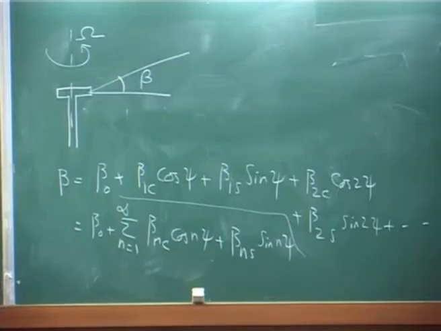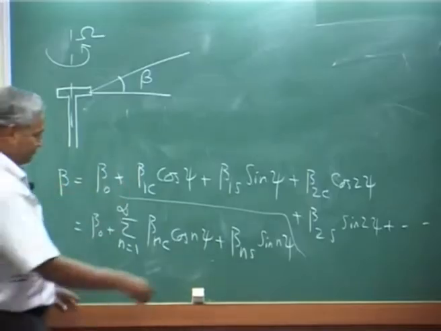High speed means I am talking about 0.3 non-dimensional mu, about 0.3, then you will find the second harmonic content is more than the first harmonic content. But let us for the present assume we neglect everything.